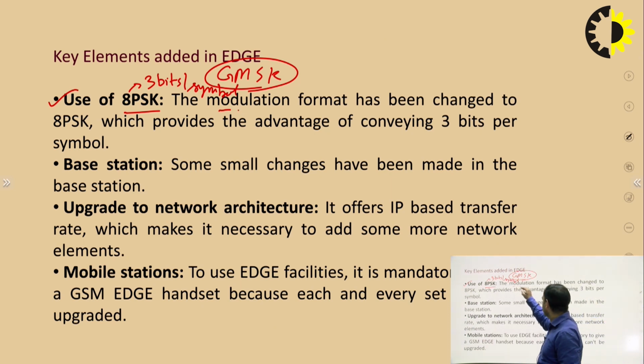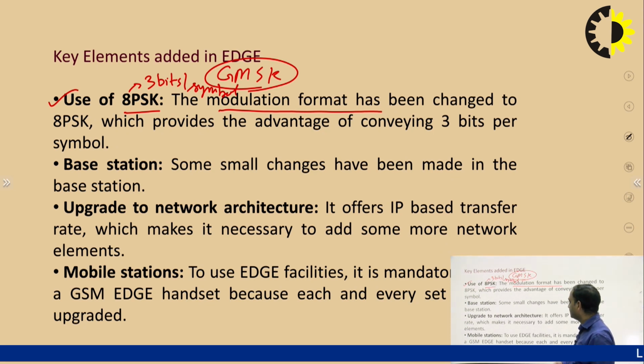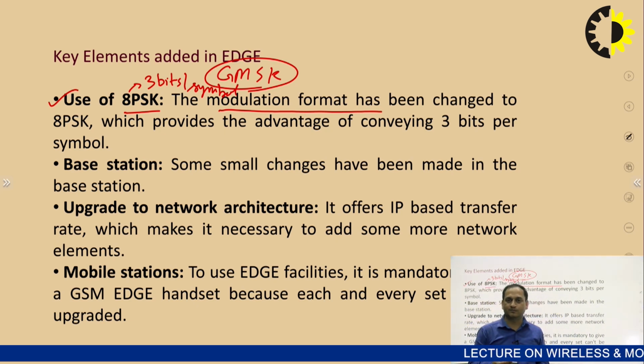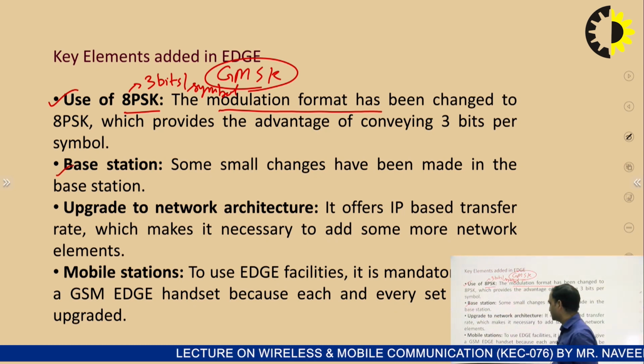So the modulation format has been changed to 8 PSK, which conveys 3 bits per modulation. When we use more bits for modulation at a time, it enhances the data rate. The second change relative to GPRS is in the base station.